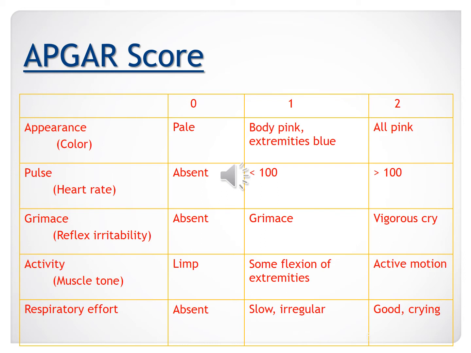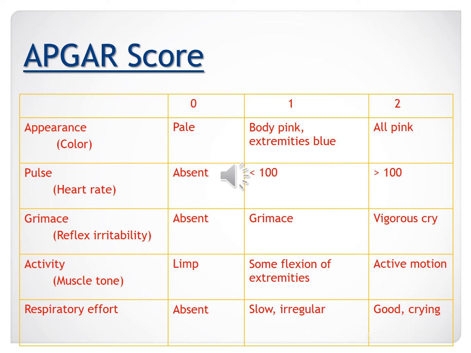So APGAR is actually a mnemonic for the appearance or the color of the newborn, the pulse or the heart rate, grimace, reflex irritability, activity or muscle tone, and then R is for respiratory effort. And so here I've given you the scale of how you score each one of those characteristics.